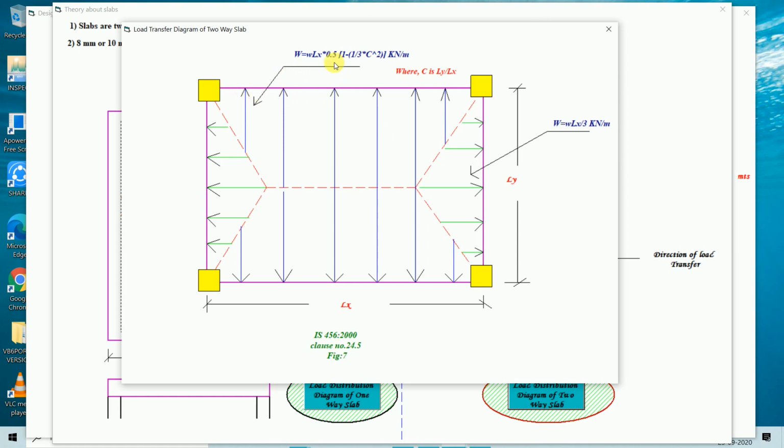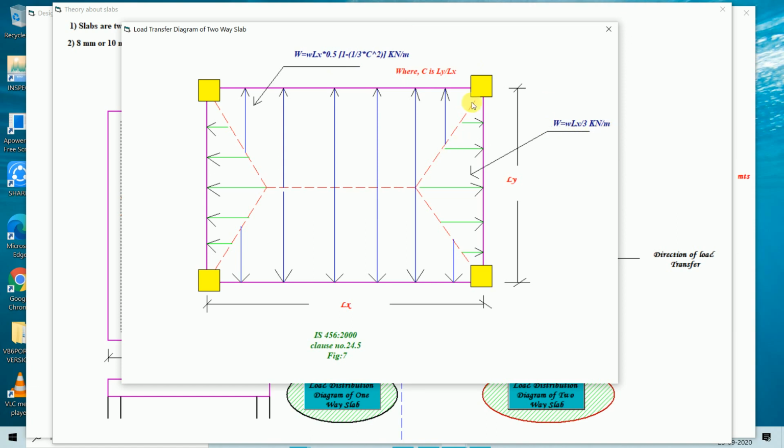And this is the formula to calculate the UDL from this trapezoidal shape. W is equal to small w Lx into 0.5 into (1 minus 1 by 3 into c square), where c is the aspect ratio, that is Ly by Lx, in kilonewton per meter.